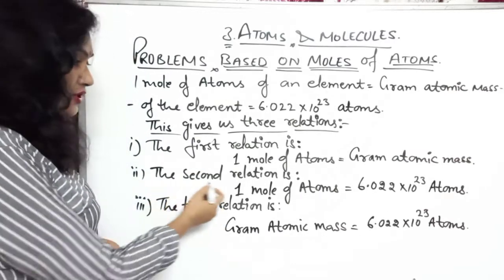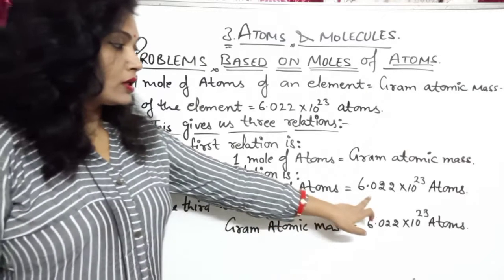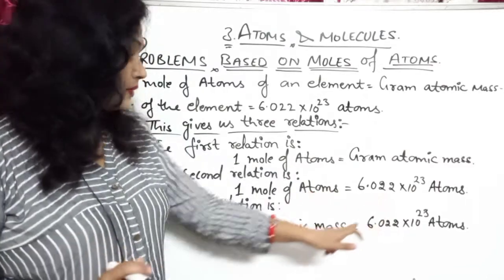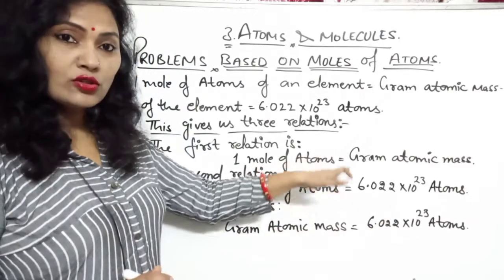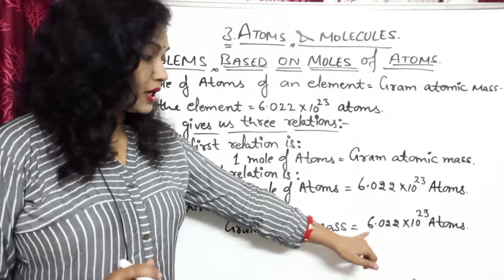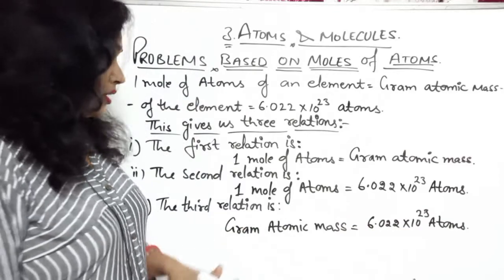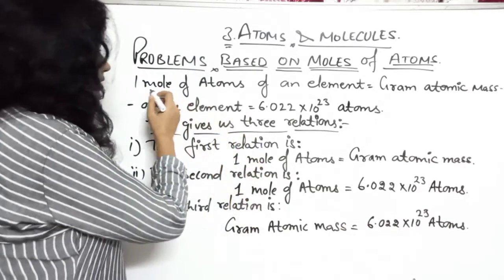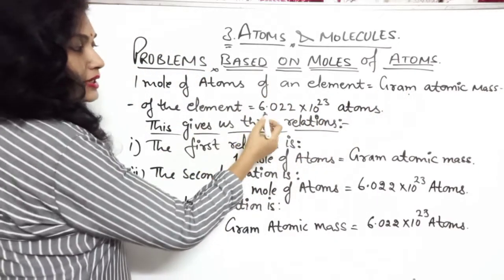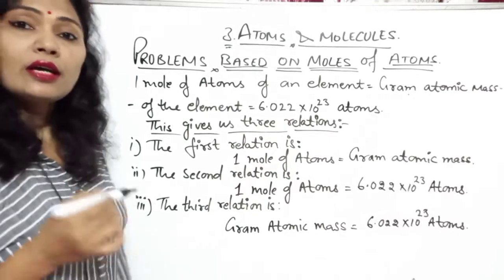Second relation: 1 mole of atoms equals 6.022 into 10 to the power 23 atoms. According to these two, the third relation is that the gram atomic mass is equal to 6.022 into 10 to the power 23 atoms, because 1 mole of atoms of an element equals the gram atomic mass, and that is equal to this value.